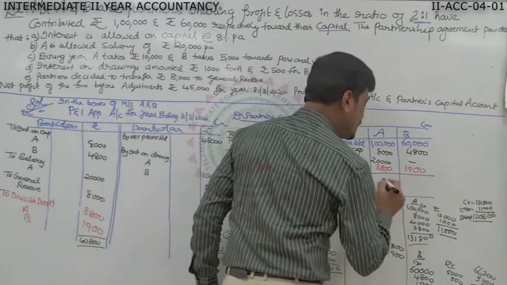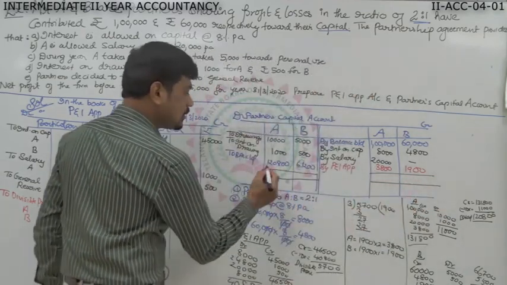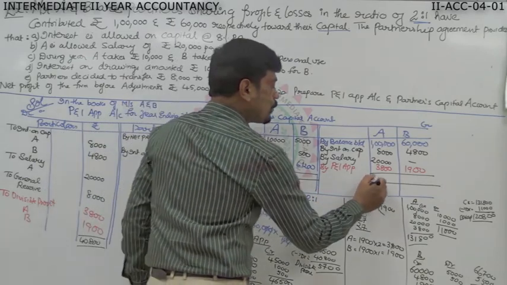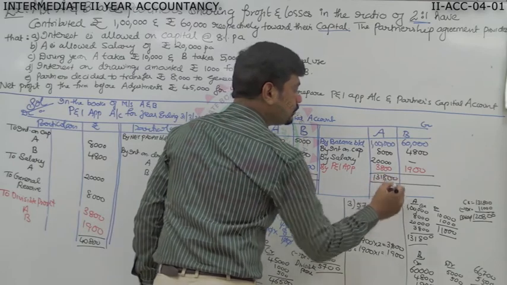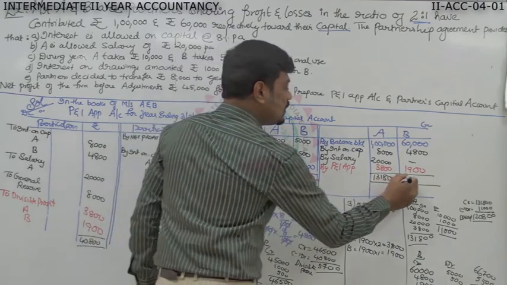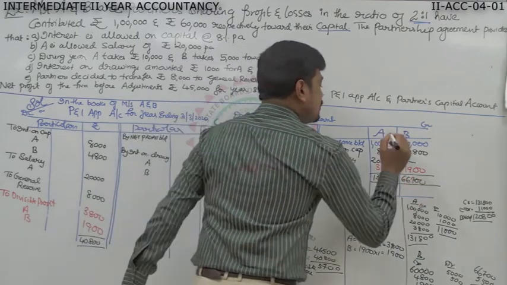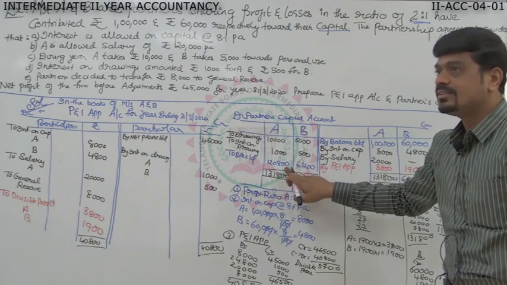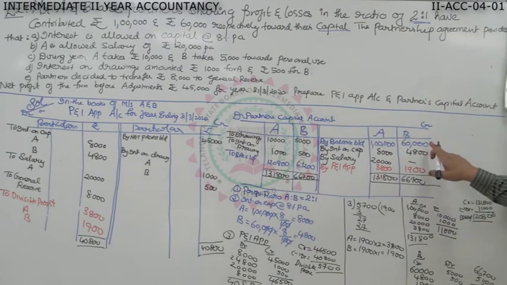We are closing in the middle so that we can bring down the balance. A 1,31,800, both the sides, and B's 66,700, 66,700. Beginning of the year, his capital was 1 lakh. Now it is 1,20,800. Here it was 60,000.